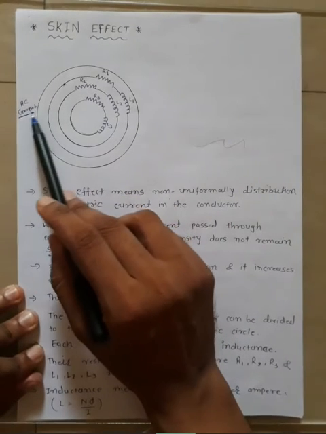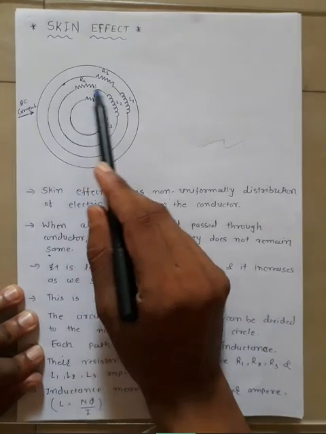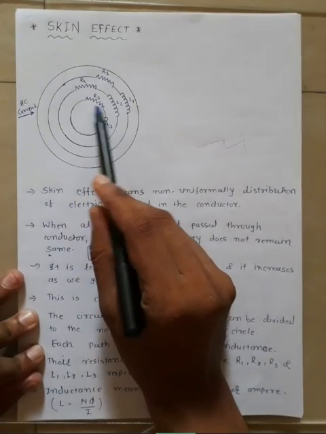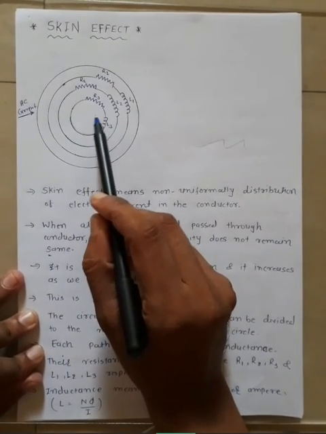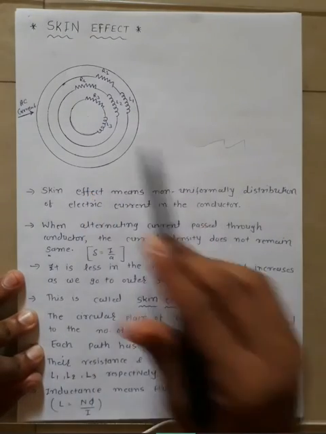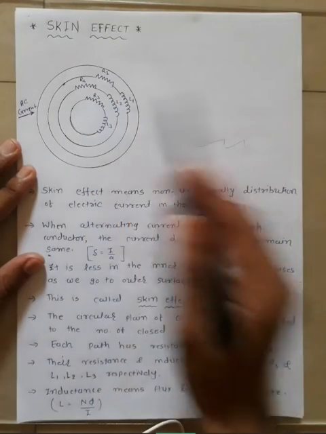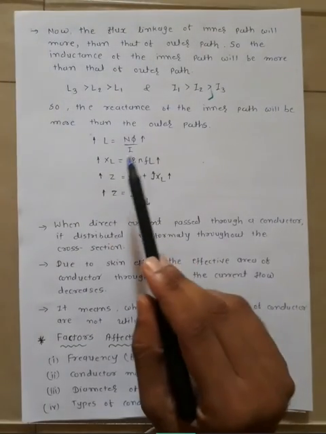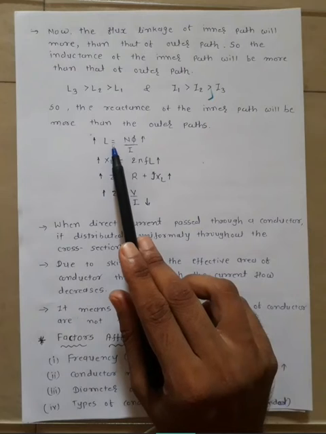When alternating current passes through the conductor, a magnetic field is produced. The flux linkage is maximum in the inner part of the conductor, so the inductance is maximum there.